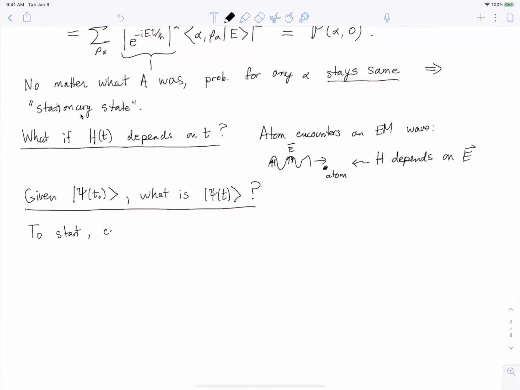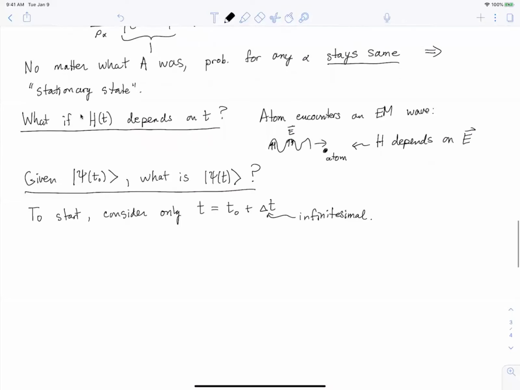So consider only times t that were t0, the starting time, plus an infinitesimal bit, delta t. In practice, what the infinitesimal means is that anything with delta t squared, we get to ignore.